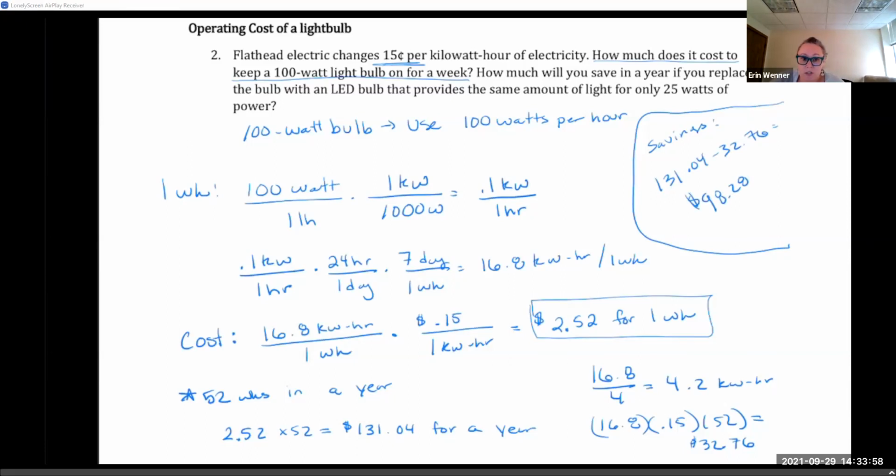So just switching, you're going to save almost $100 a year, which adds up, right? Over the course, if you decide you have to leave it on all the time, right?